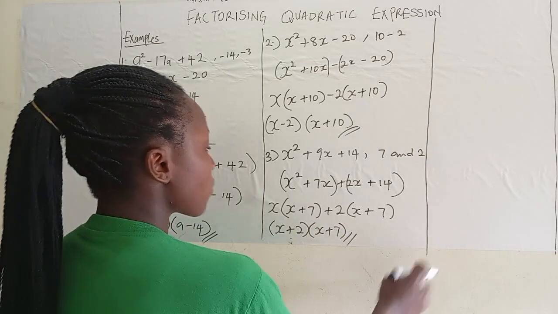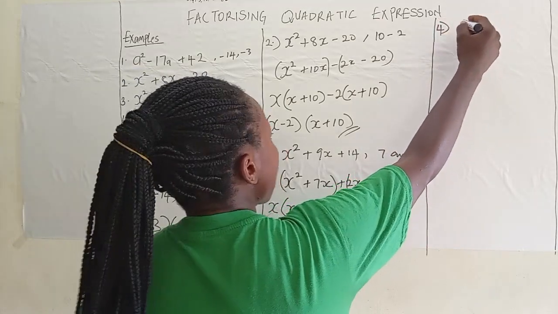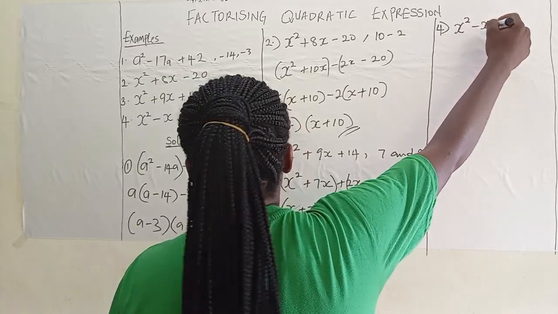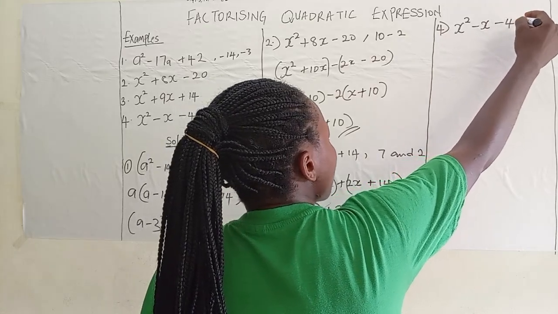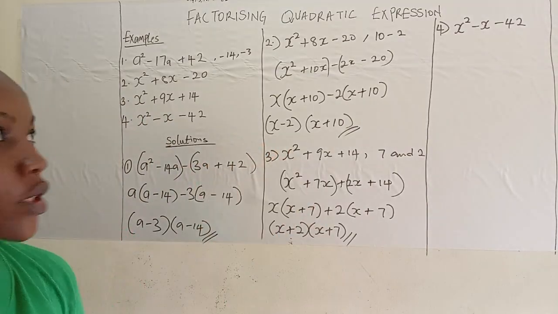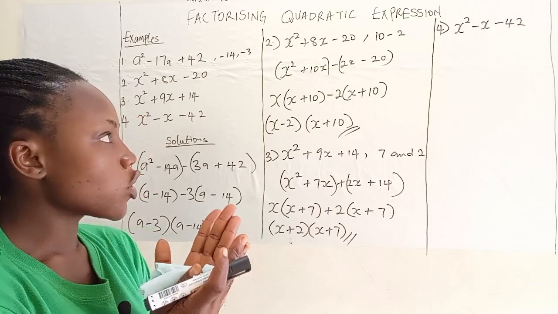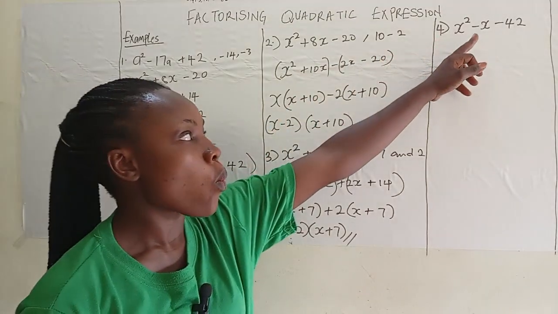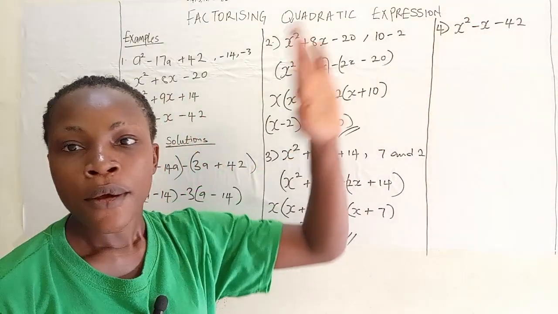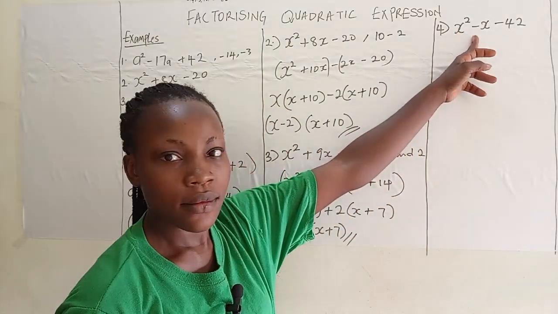Now let's move into question 4. x squared minus x minus 42. Let's look for the two numbers that once we add them together give us minus 1, because this minus x here is minus 1x, so there is an invisible 1 here.